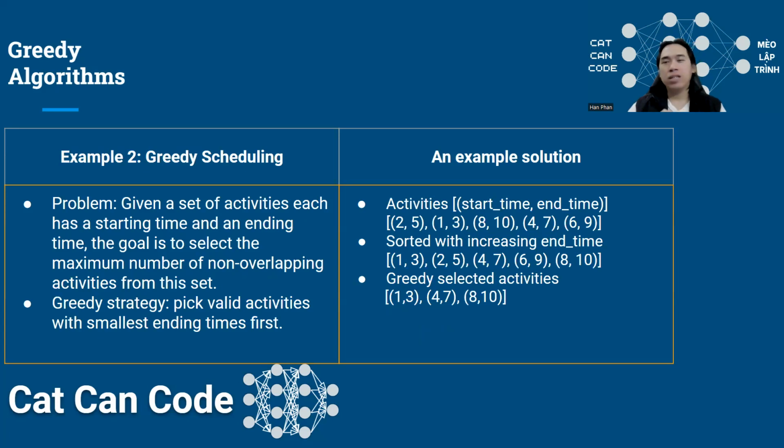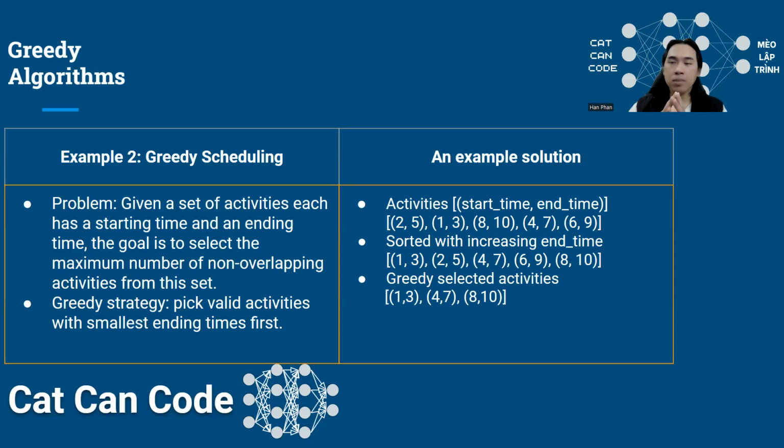Example number 2, greedy scheduling. One of the types of optimization problems that we encounter in a lot of real-world applications is scheduling. Given a set of activities, each has a starting time and ending time. The goal is to select the maximum number of non-overlapping activities from this set.